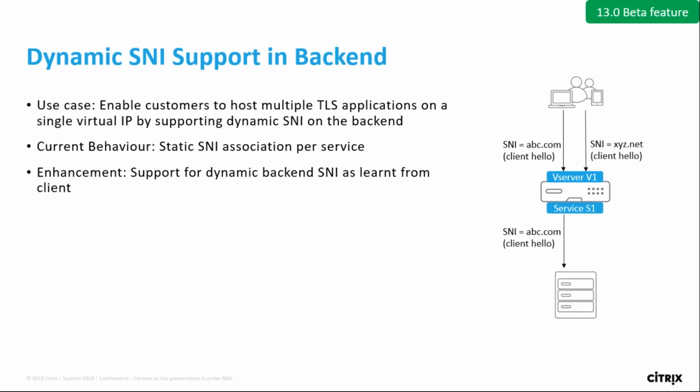If another request with a different SNI, let's say xyz.net, comes to the same vserver, it will now have the capability to send another SNI to the same application server for serving these two different applications. Again, this feature is available in the beta. If you would like to know more about this feature, please go and use it.